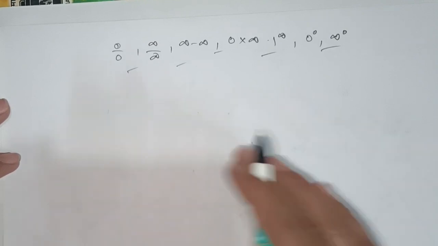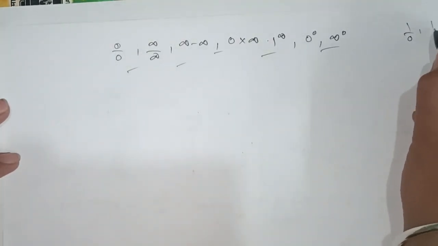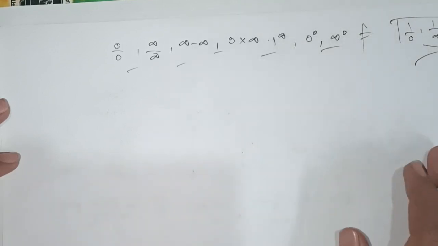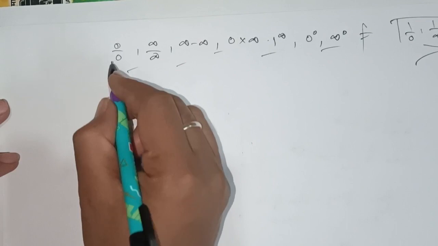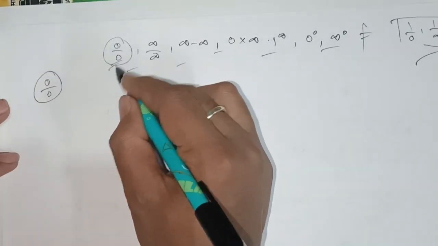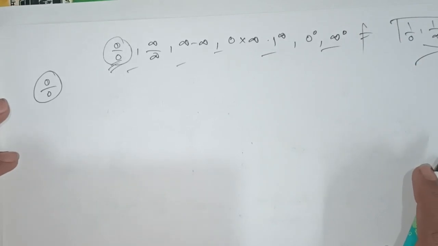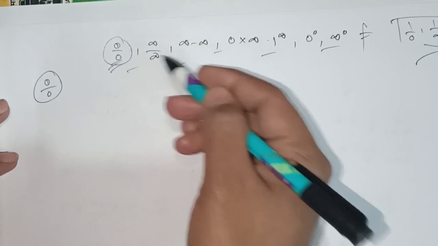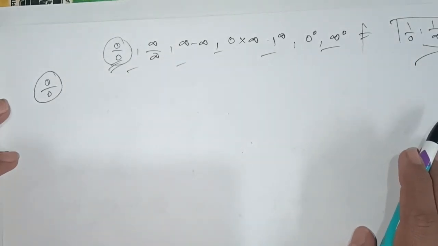Let's see the difference between 1 by 0 and 1 by infinity. They're not equal. Let's take 0 by 0, the first form. Actually 0 by 0 is the one basic fundamental form, and the rest can be reduced to this 0 by 0 form.